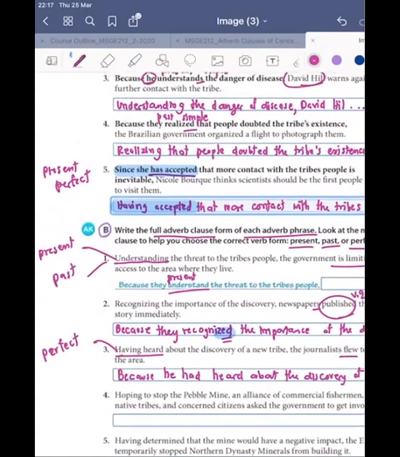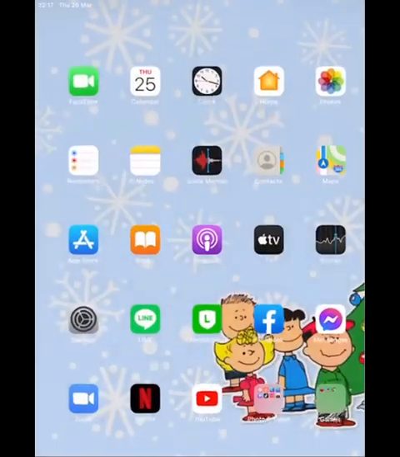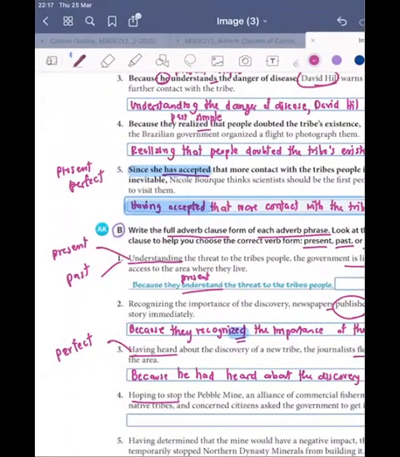Number 4, hoping to stop the pebble mine, an alliance of commercial fishermen, native tribes, and concerned citizens asked the government to get involved. Asked. So basically, these words are all together. Hoping to stop, as I said, could be either present or past.